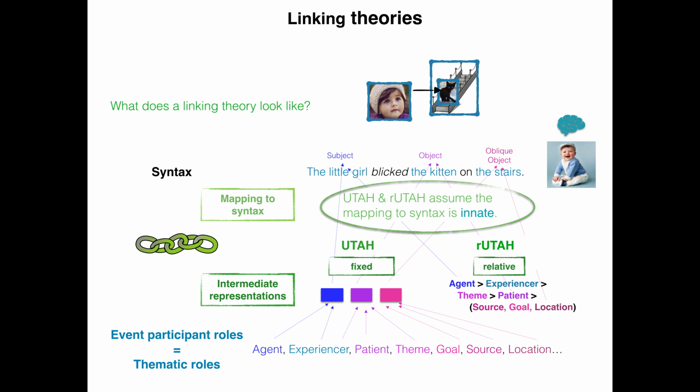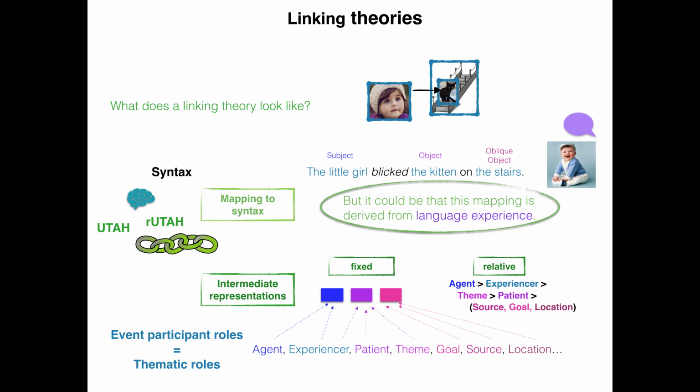So those are our two proposals that are out there really in linguistic theory. UTAH and RUTAH, the relativized form of it, assume that the mapping from that intermediate thematic representation to the syntactic positions is innate, like it's just built in as part of your biology. Now an alternative is that this mapping is derived from language experience, right?